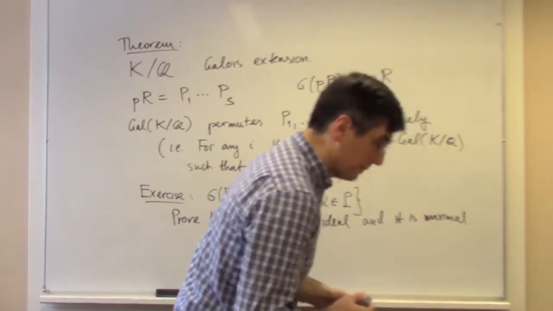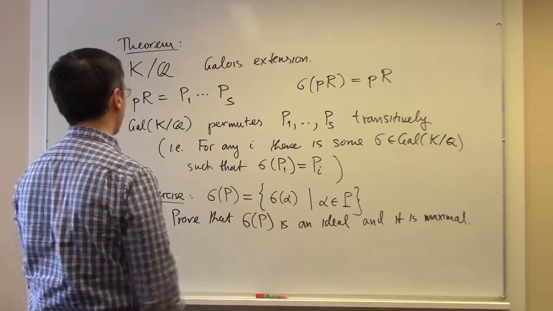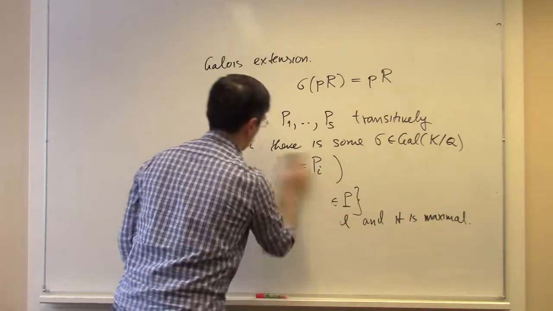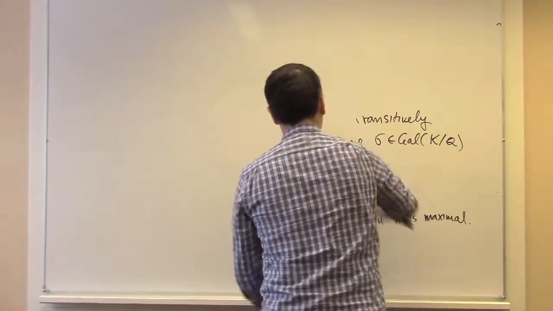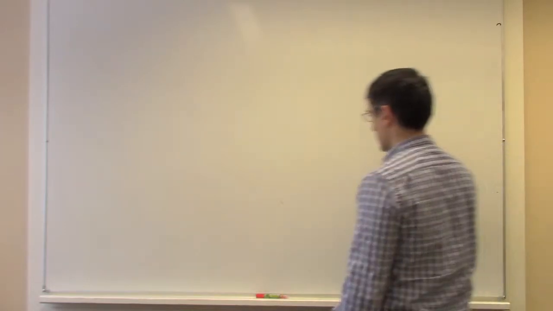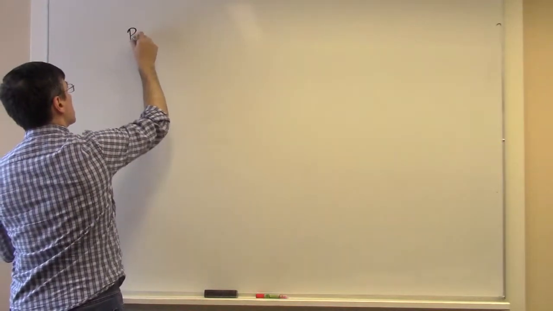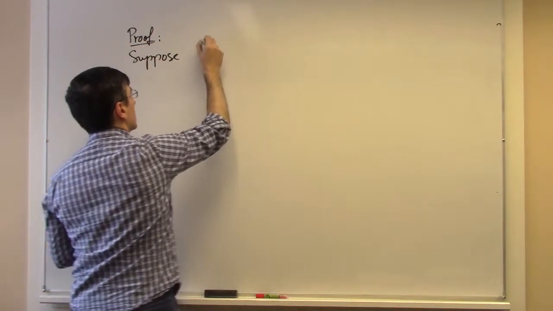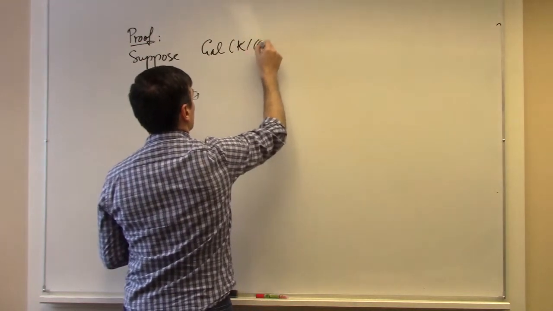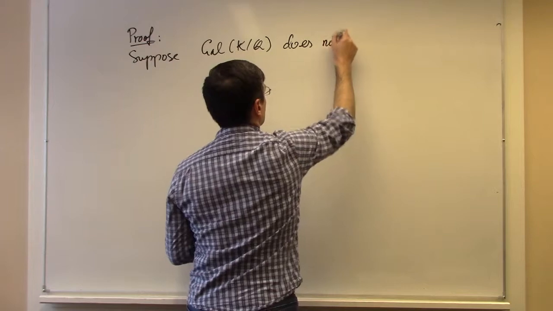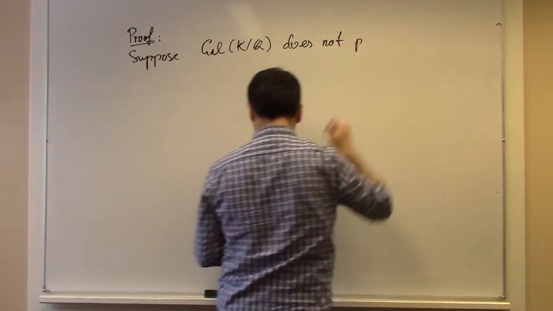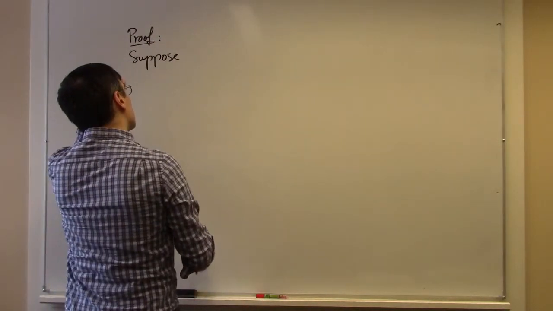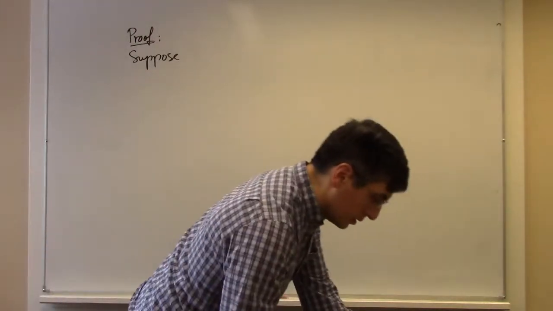Okay, so how do we prove this? Suppose the Galois group does not permute them transitively.